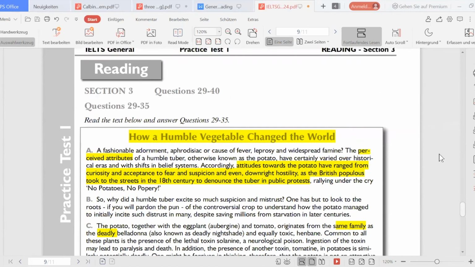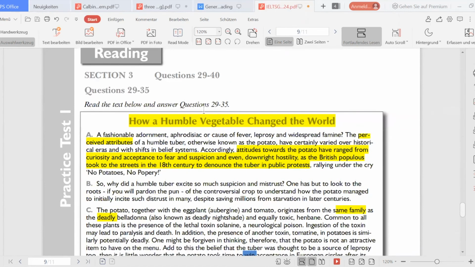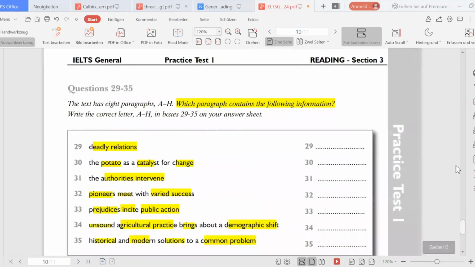Again, as I said, when you see the text, read the title, How a Humble Vegetable Changed the World, and then jump straight to the questions. We have already come across such questions before, and you want to figure out which paragraph contains the following information. So just highlight the keywords.